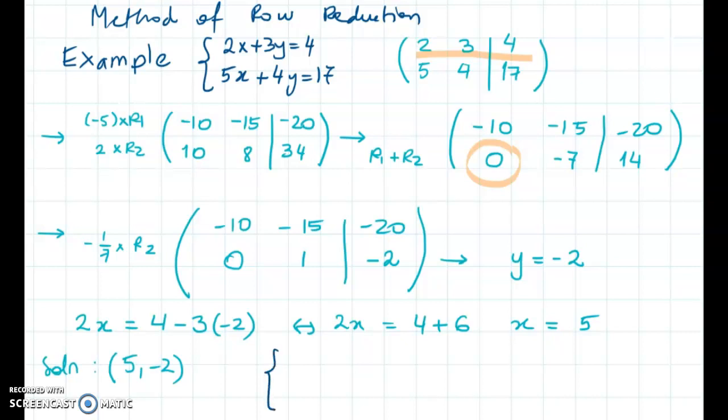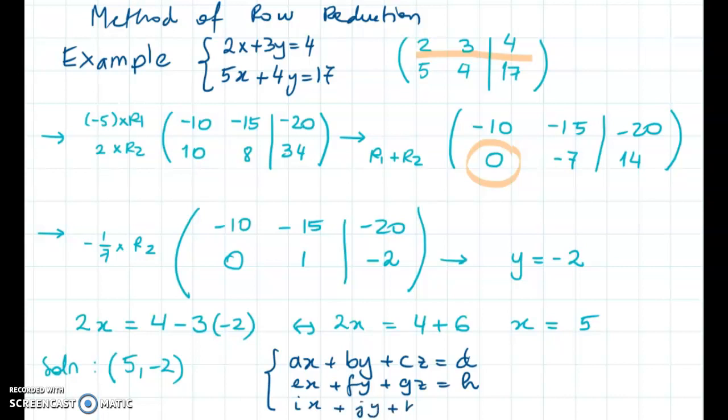But what we are moving towards now is systems where we have 3 equations and 3 unknowns: ax plus by plus cz is equal to d, and then ex plus fy plus gz is equal to h, and then ix plus jy plus kz is equal to l. So we are going to have 3 equations and 3 unknowns, and we're going to use the method of row reduction.